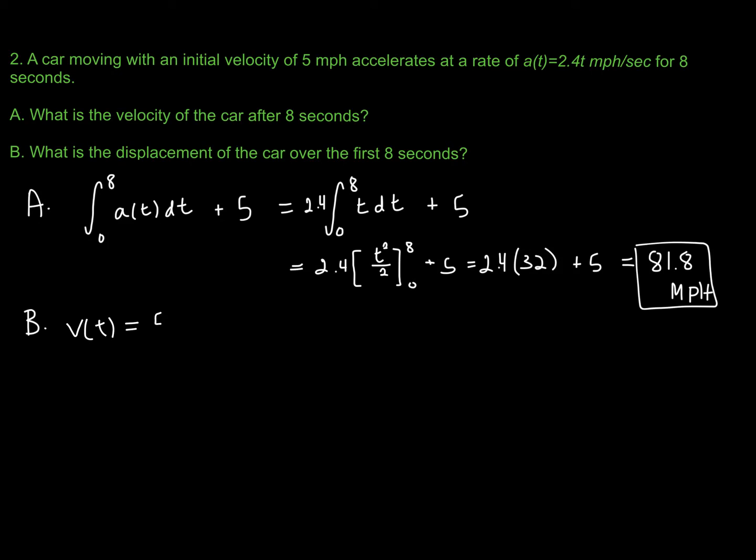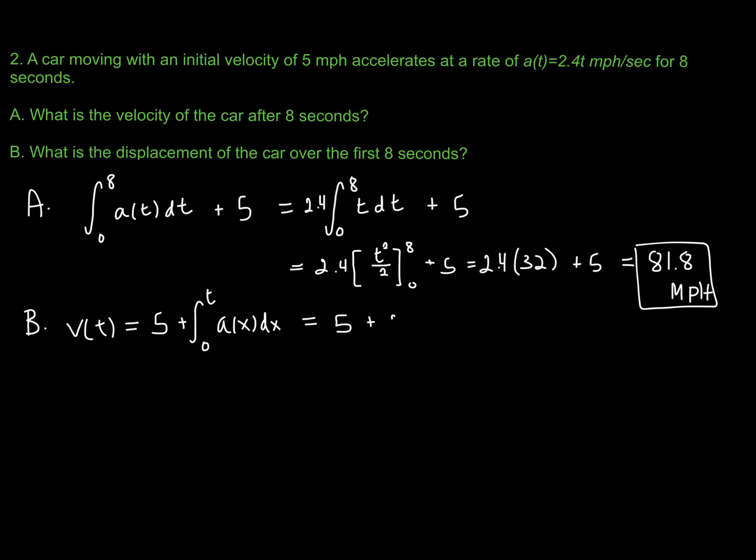We'll have the initial velocity plus the integral from 0 to t, and here I'll need to just change, so this will be a, the acceleration of x dx. Okay, and we can go ahead and evaluate this rather simply here. So I'll have 5 plus, I already know the antiderivative of this acceleration function, right? Basically this step right here.